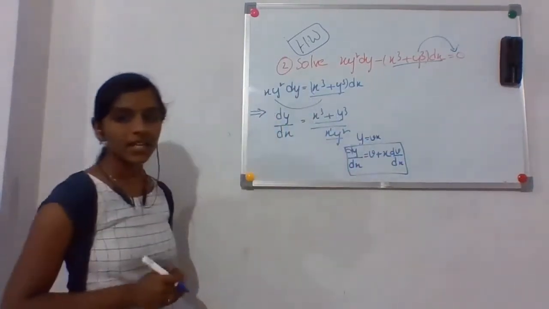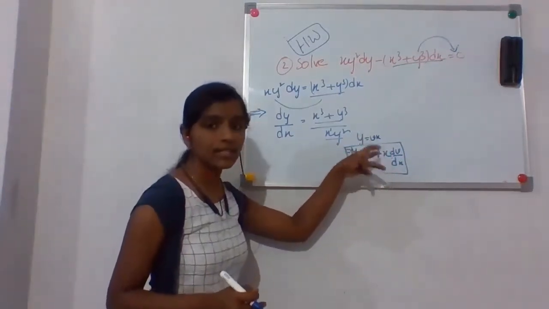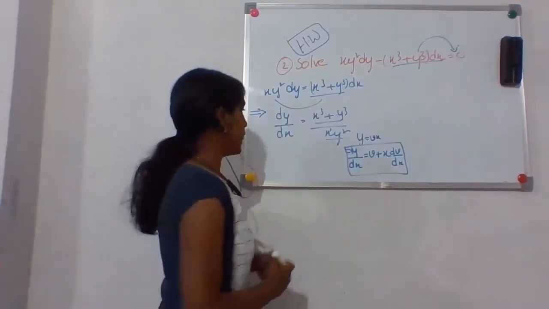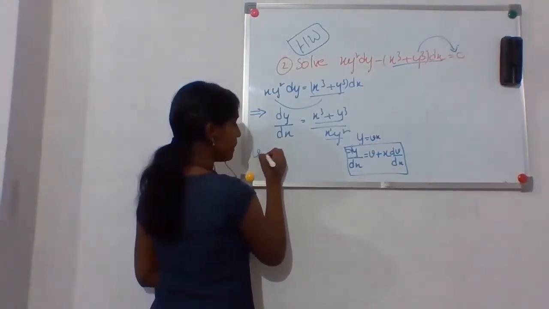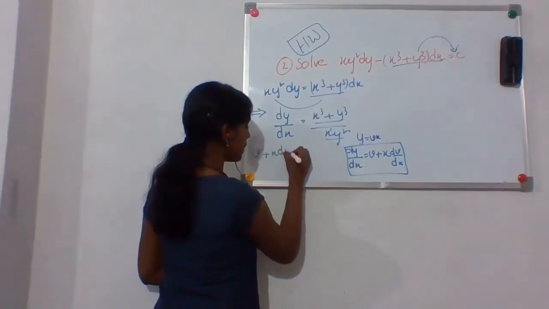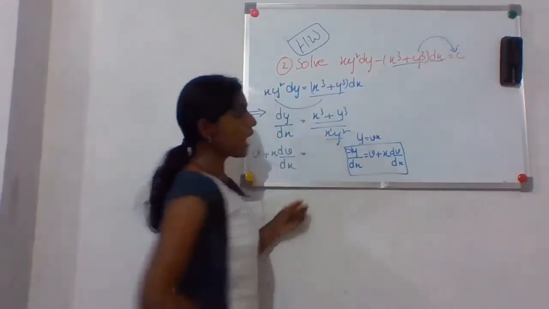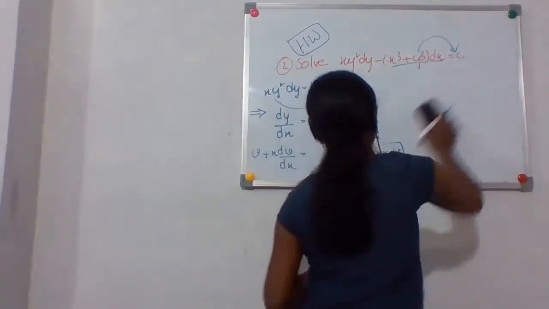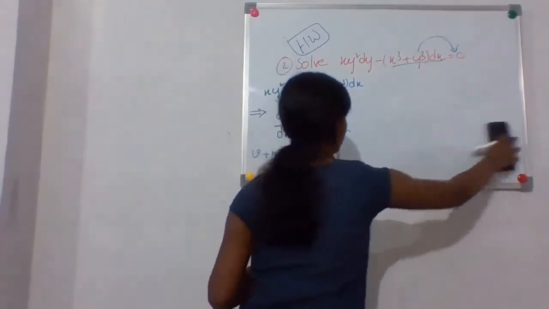Am I right? So now instead of dy by dx, I am going to put this whole thing, and instead of y, I am going to put vx. So now, v plus x into dv by dx is equals to, now I am going to erase this because I don't have any use for this right now, since I have already written what is dy by dx.